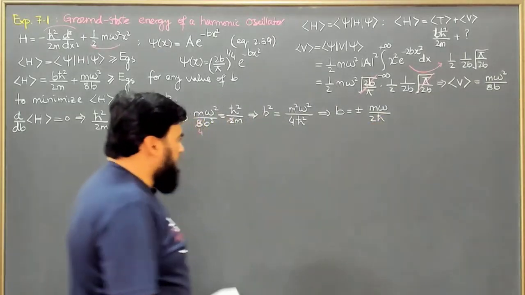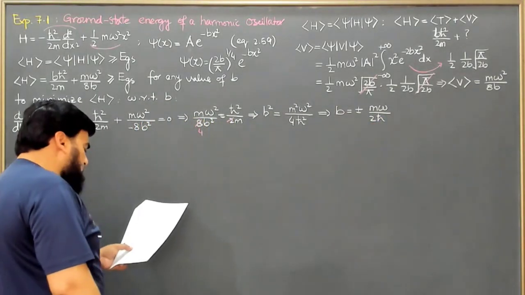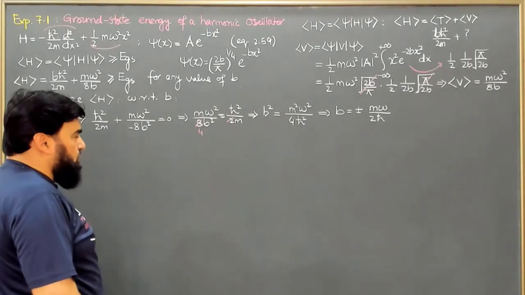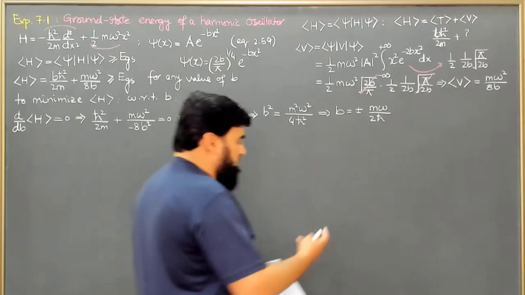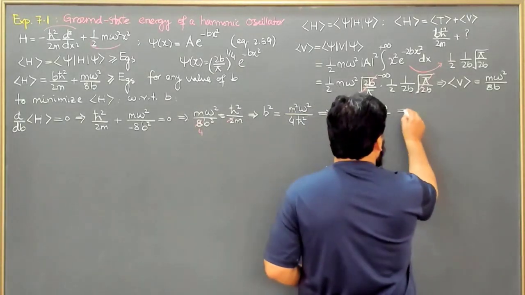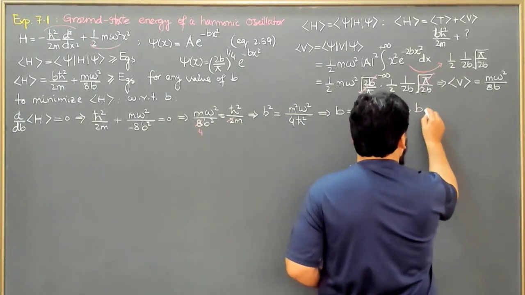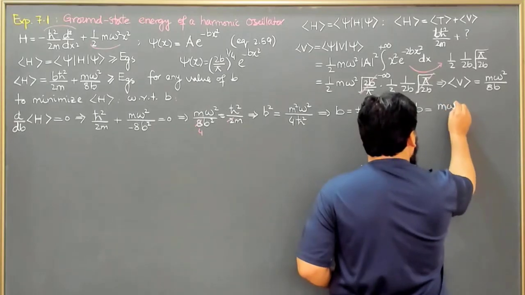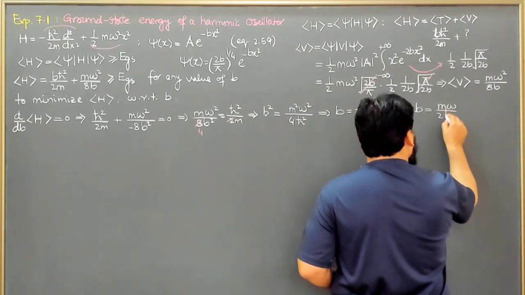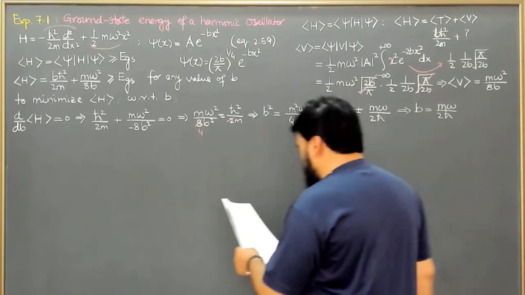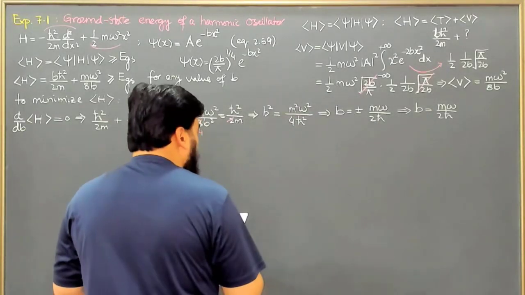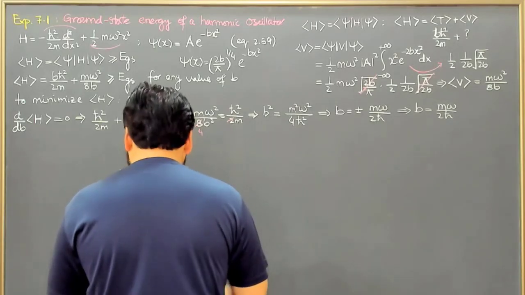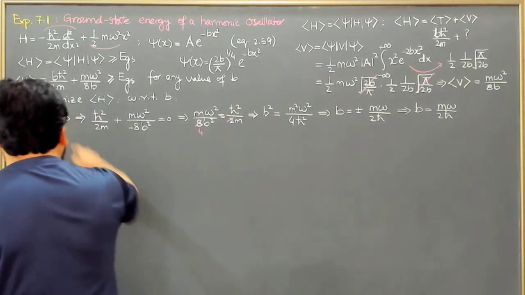If I take a square root on both sides, it will be equal to this. Now b is supposed to be positive, so I can write that b is equal to m ω over 2ħ.